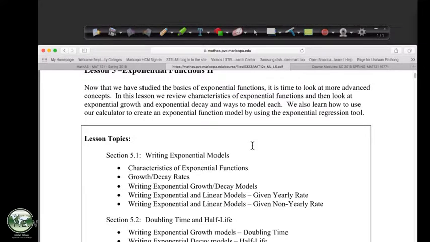So what we're going to look at, let's see if this is working. Here we go. Maybe it'll work. There we go. Okay.